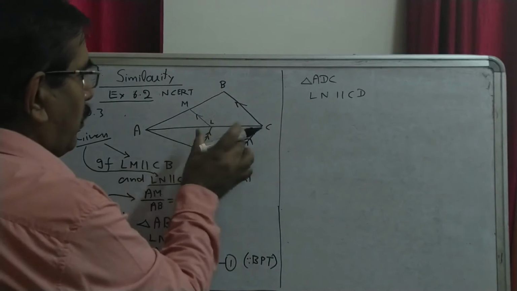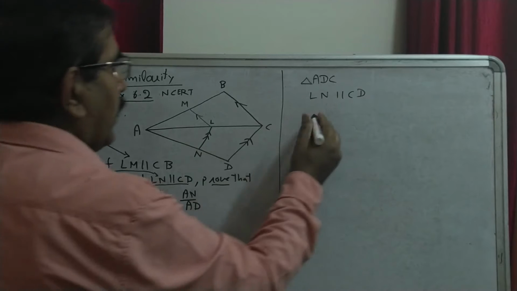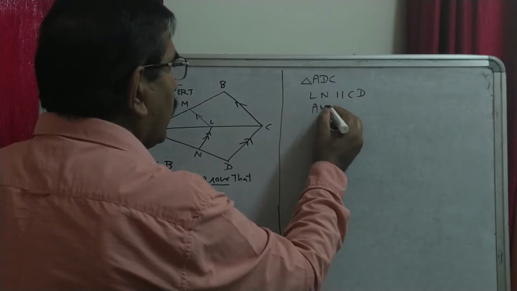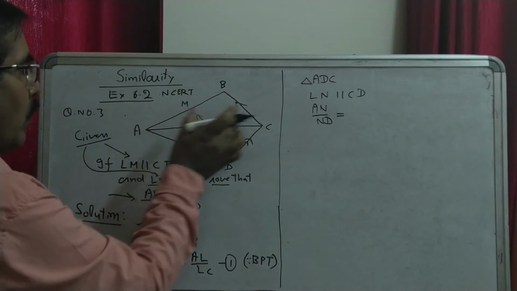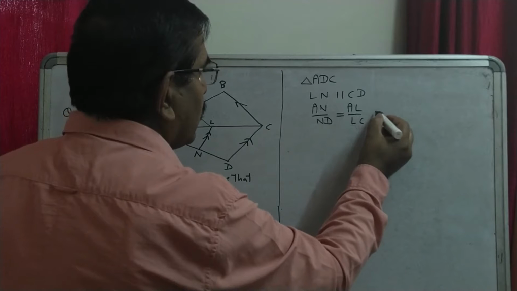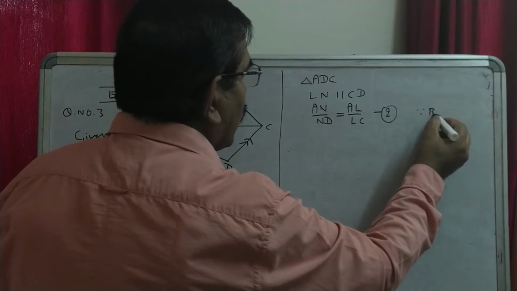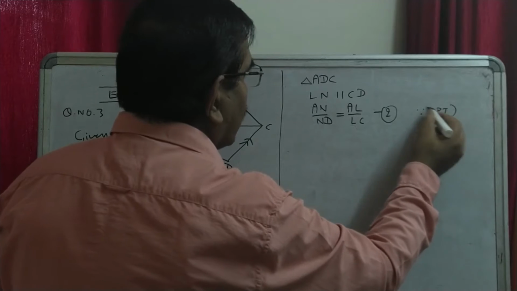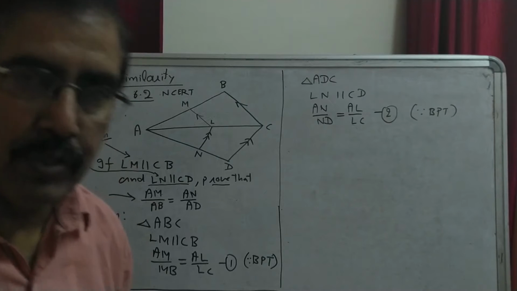Again, we apply the BPT, that is AN over ND is equal to AL over LC. This is number 2. Again, I have taken this result because of the basic proportionality theorem.